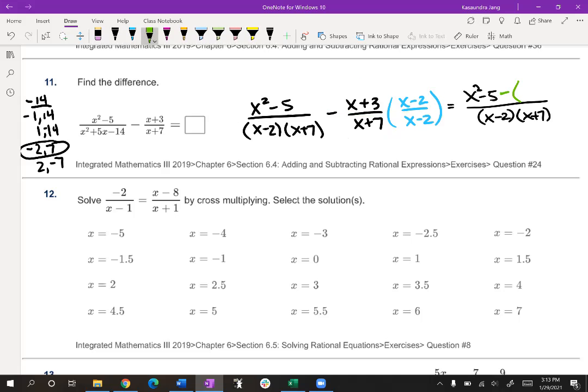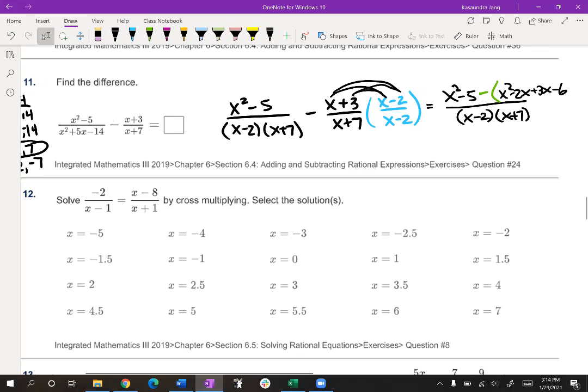So I'm going to put minus, and I've got some parentheses around it. All right, this stuff I think I'm going to distribute. I'm going to do my x times x, so x squared. I got a negative 2x, a positive 3x. Oops, I have to move those parentheses, and then a 3 times negative 2 is negative 6.